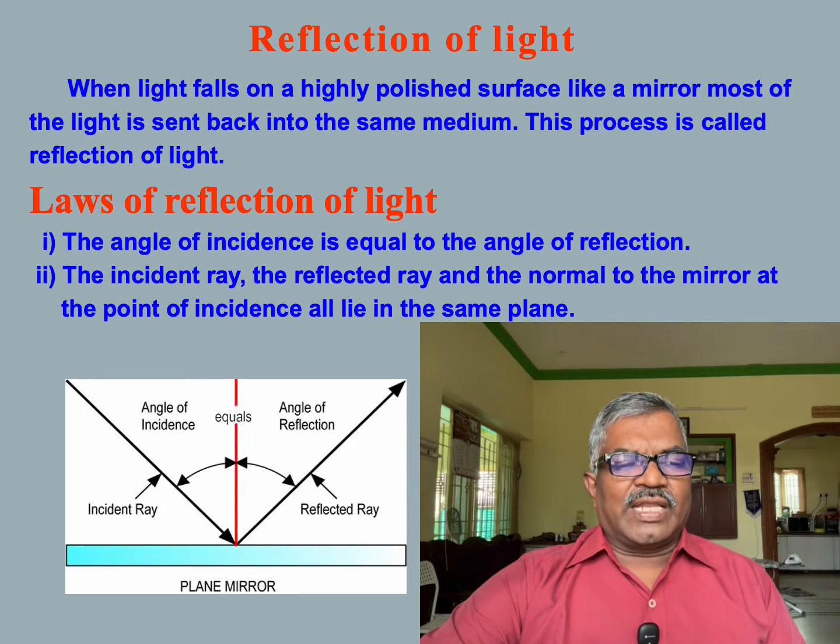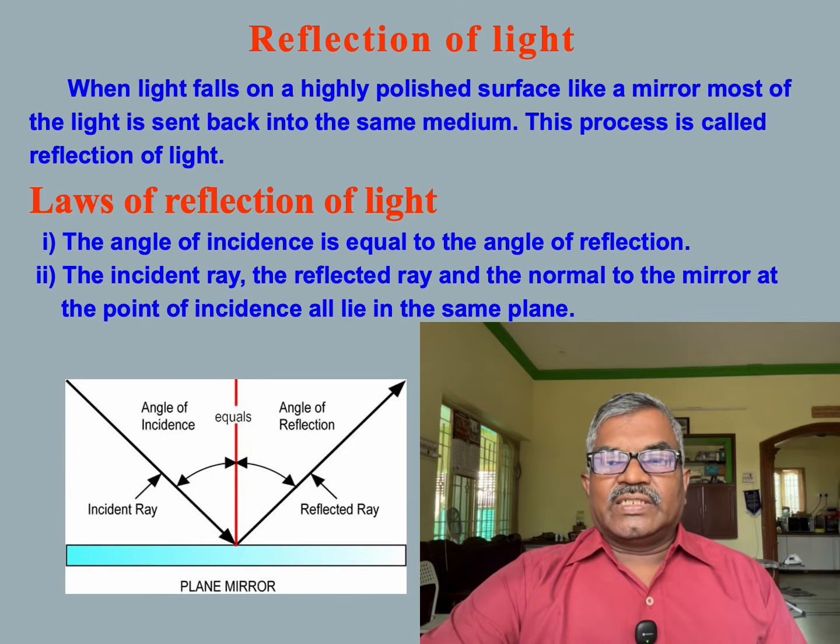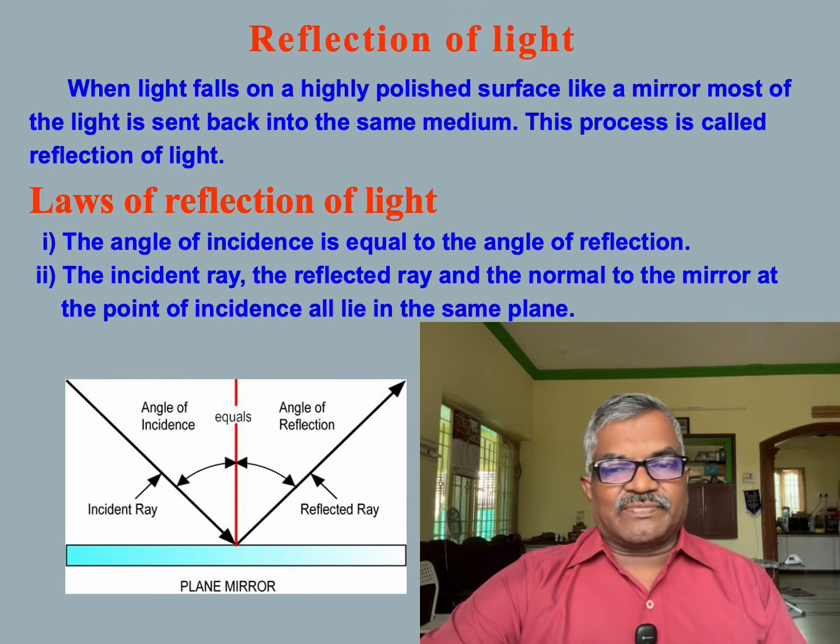The perpendicular line from a plane mirror or reflecting surface is known as normal. The angle between a normal and the incident ray is known as angle of incidence, and the angle between normal and a reflected ray is known as angle of reflection. So here the law says the angle of incidence is equal to the angle of reflection.